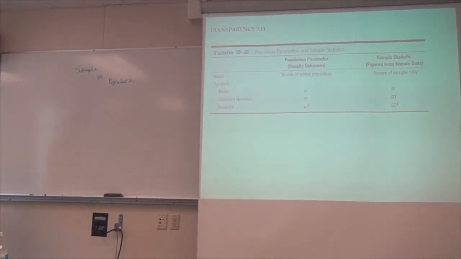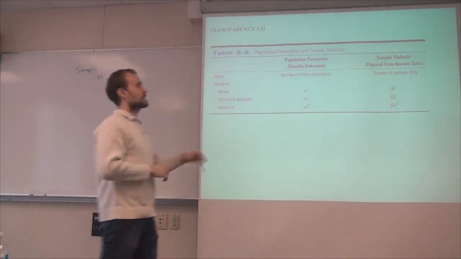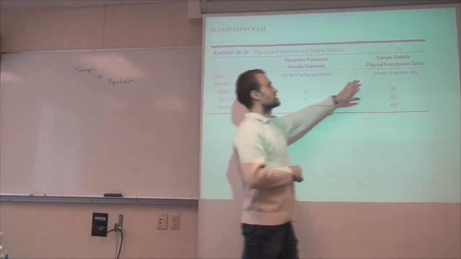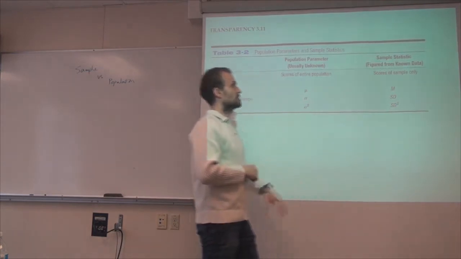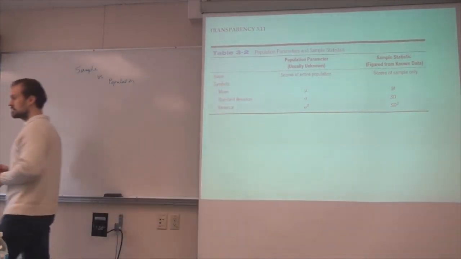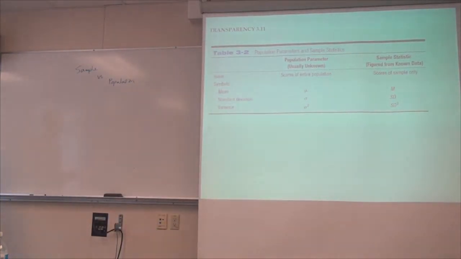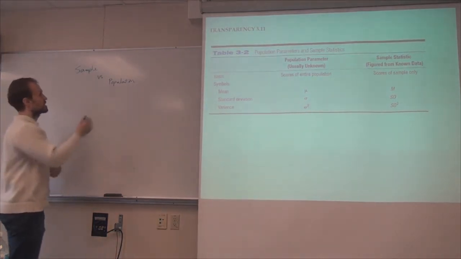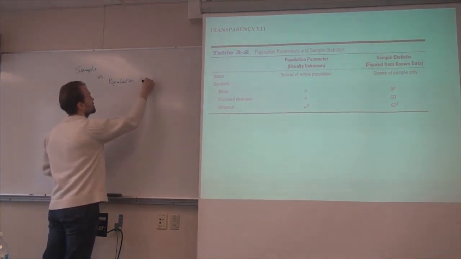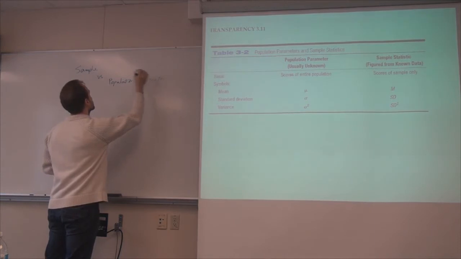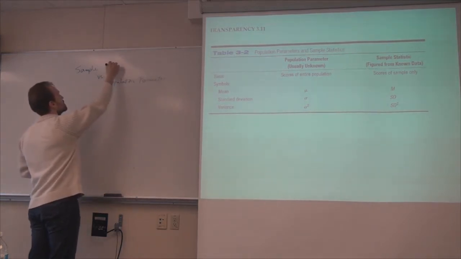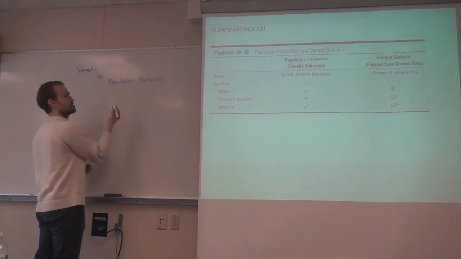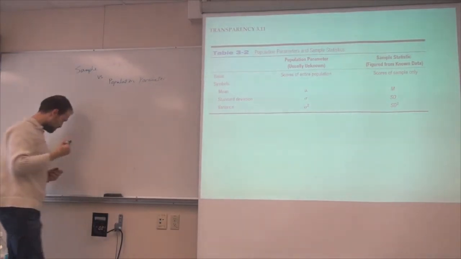So we use the word parameter for the population, and we use the word statistic for my sample. So population parameter versus sample statistic. And is this blue lighter than the other blue? I don't know.